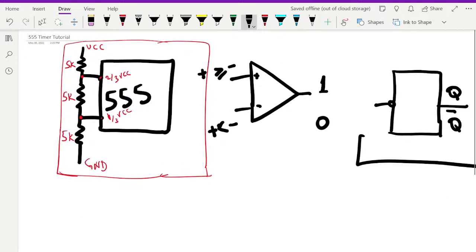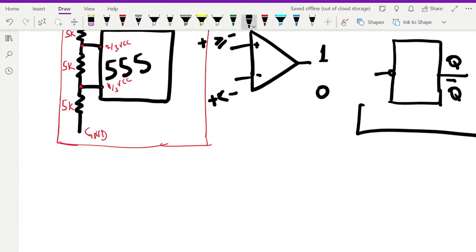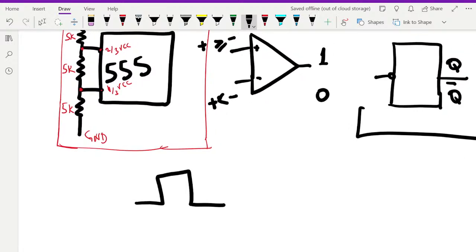You can build this as a monostable, meaning you can use it as a power-up one shot. When you boot it up, it just gives a pulse and then it goes quiet. We can use the trigger pin, which is pin number 2.